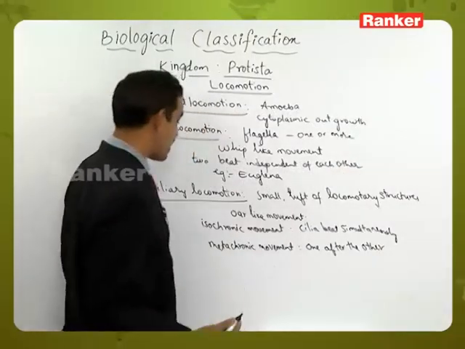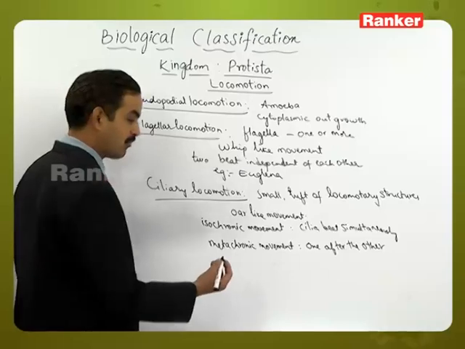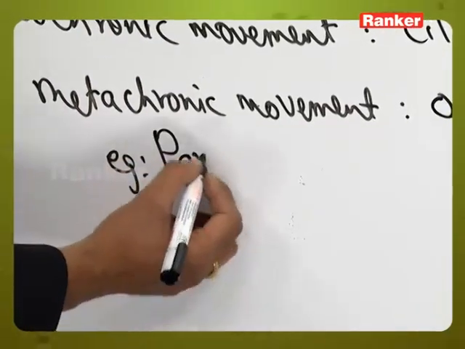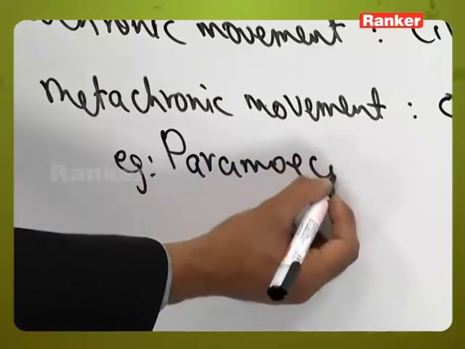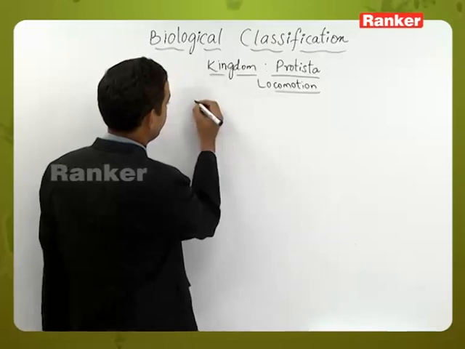So there is a slight variation in the ciliary movement, that may be isochronic or metachronic type of movement. This can be seen in examples like paramecium.